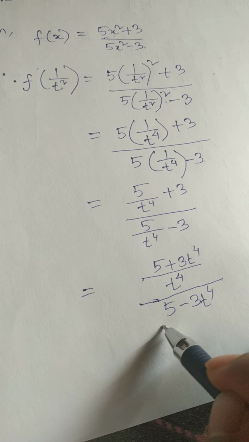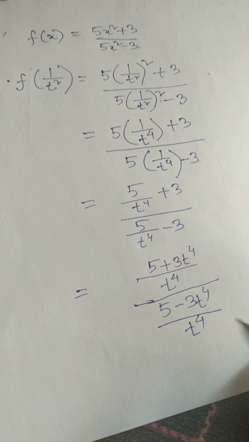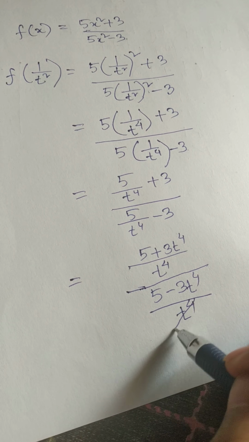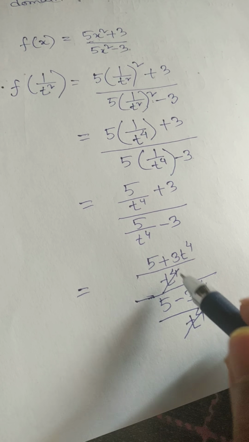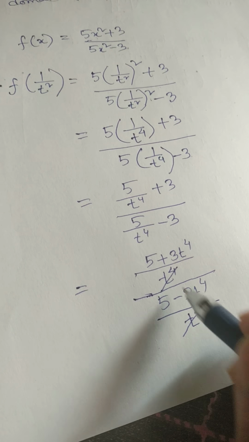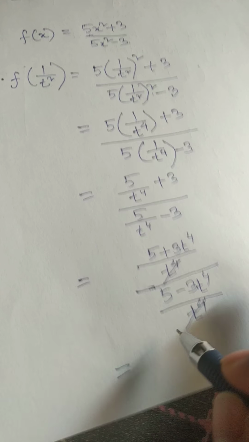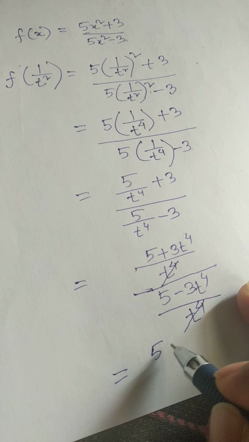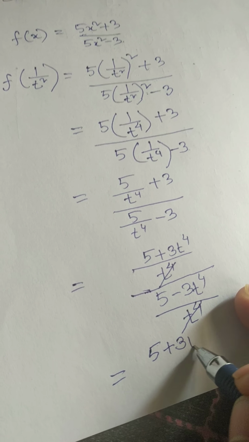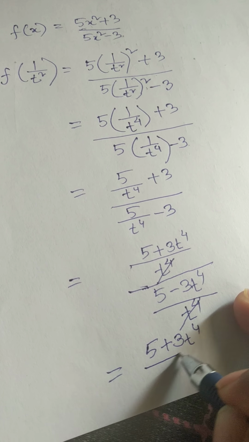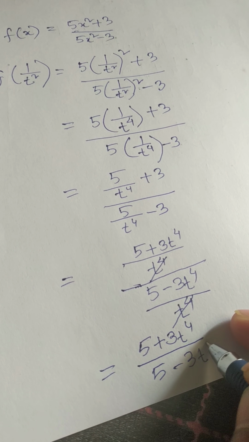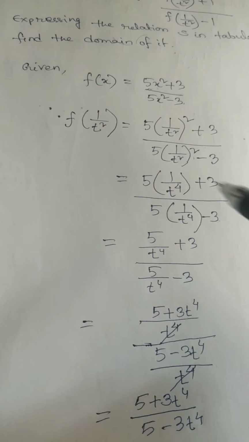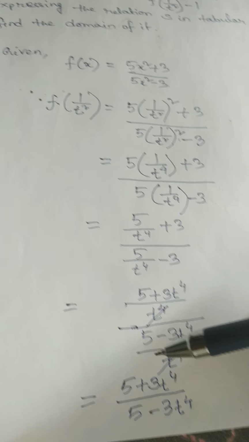Okay, so t4 and t4 gets deducted because this divided by 10, this gets cancelled out. So what do we get now? 5 plus 3t4 divided by 5 minus 3t4. So this is the value of f of 1 by t square.